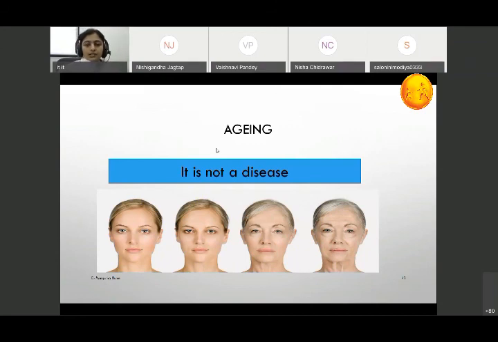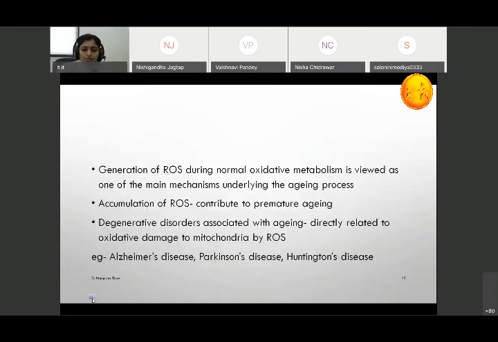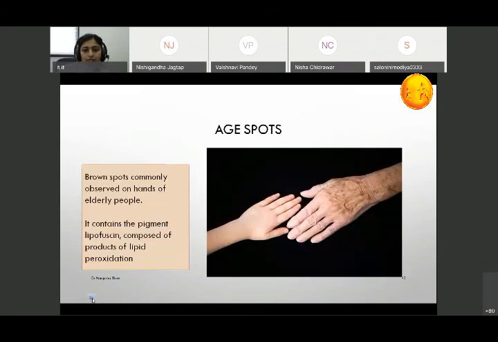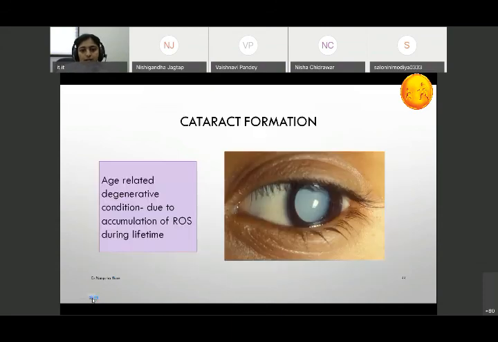And if aging comes as a short note, then give details about the process of aging, then examples of degenerative disorders, and what all things can be there in the process of aging, like age spots, cataract, cell death, graying of hairs, so that you can add other things.